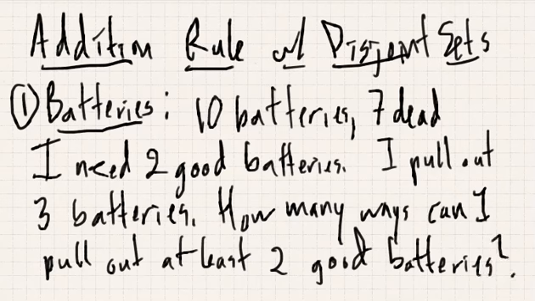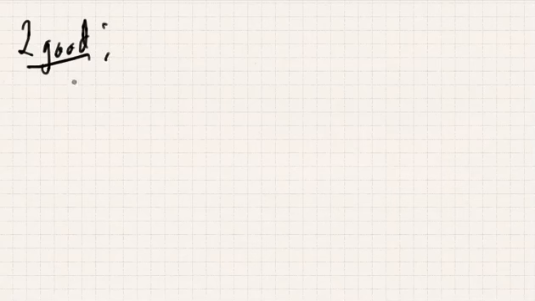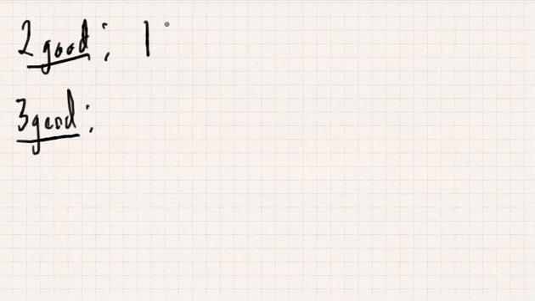Okay, well, let's check this out. So there are 2 possibilities. At least 2 good batteries: I could either pull out 2 good batteries, or I could pull out 3 good batteries. Now, if I'm pulling out 2 good batteries, that means that I must be pulling out 1 bad and 2 good. So the 1 bad battery, I'm choosing 1 bad battery out of the 7.